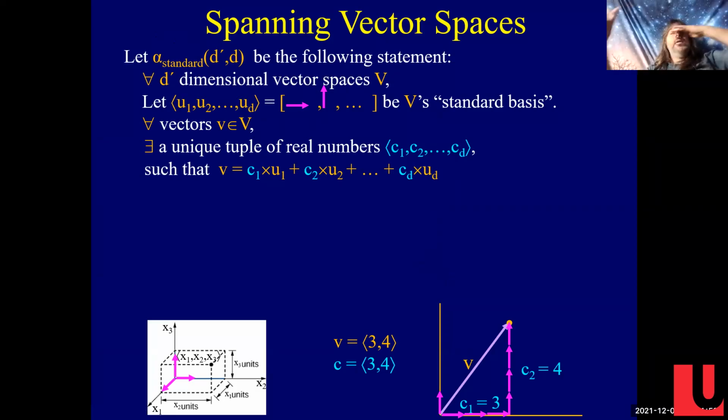So here I give you a 3-dimensional vector space. Think about it as your room. Or I give you a 2-dimensional vector space. Think about it as being the floor of your room.